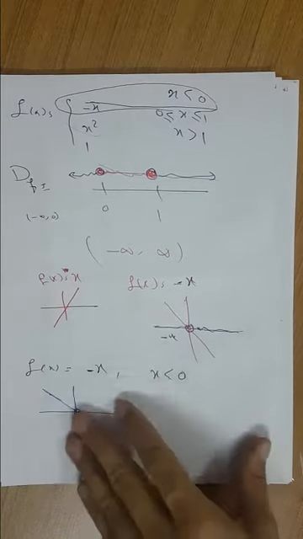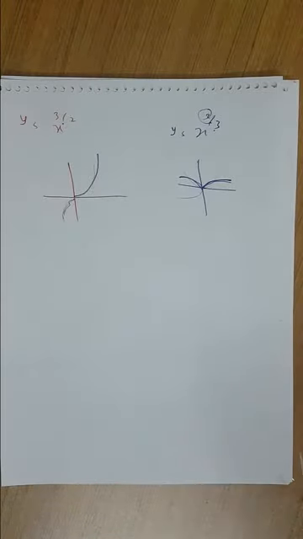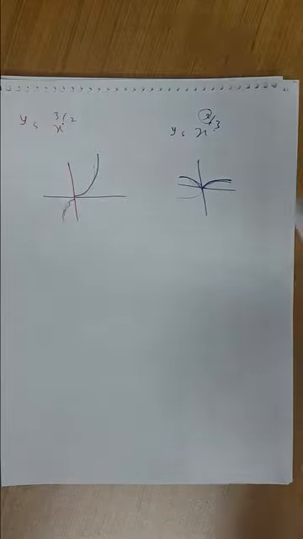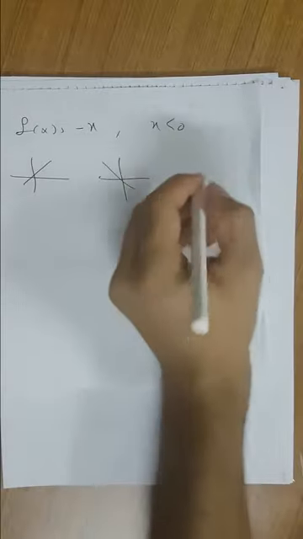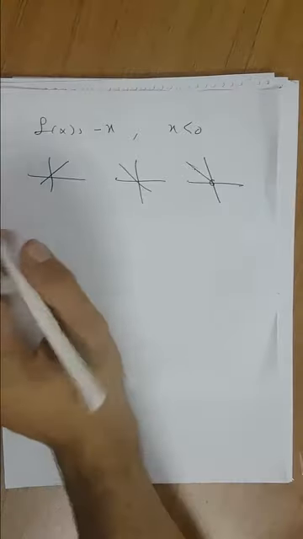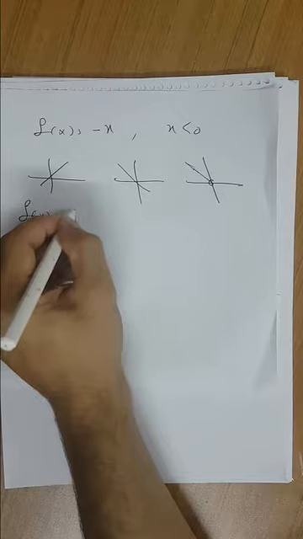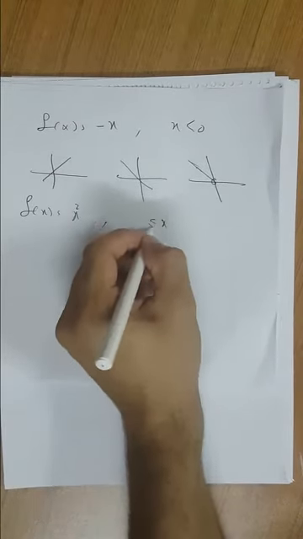I'm going to say that again for you. You have f of x is equal to minus x when x is less than 0. Here's x, here's minus x, here's minus x less than 0. Okay, that's about the first part. Now for the second part, f of x is equal to x squared, but where x is between 0 and 1.